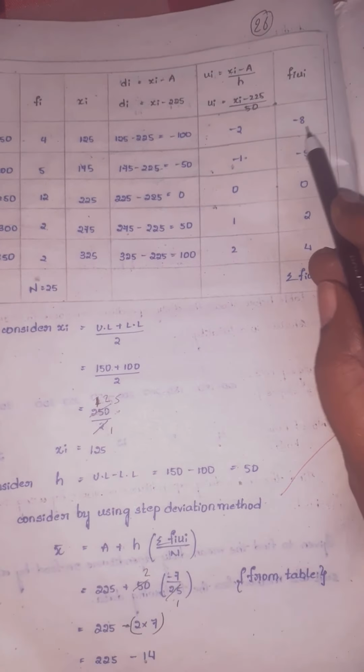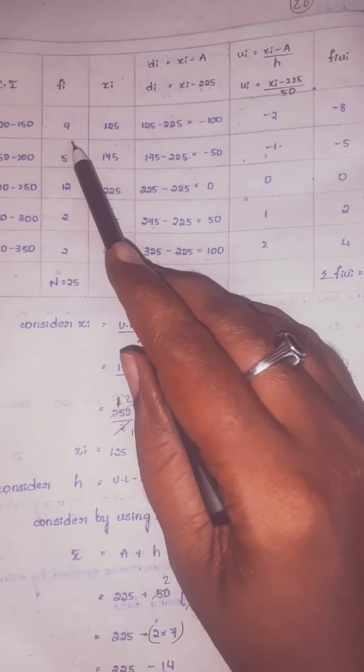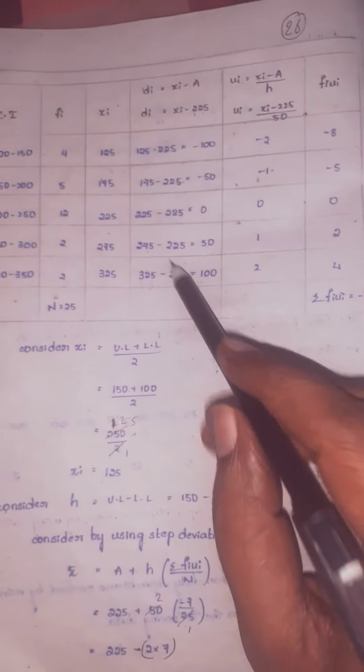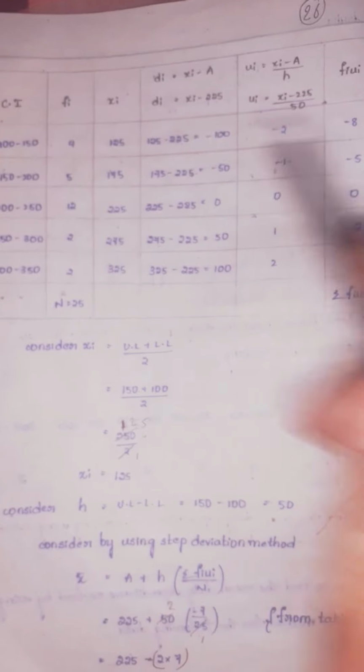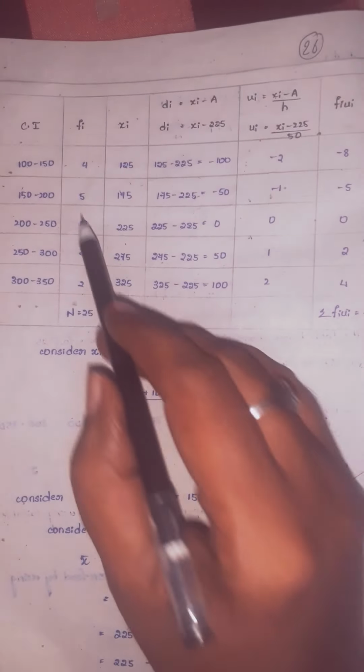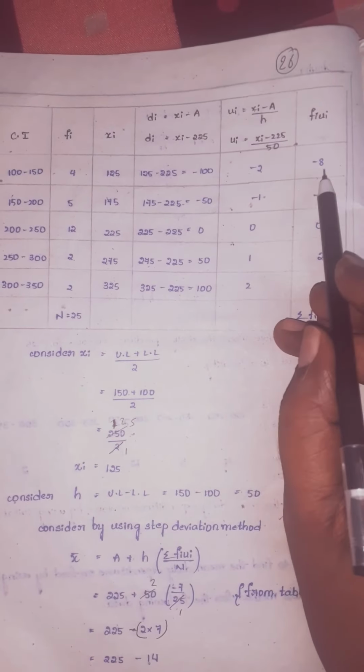Next we have to calculate fi ui, children. So see, children, the fi values are 4. 4 into minus 2 how much? Minus 8.